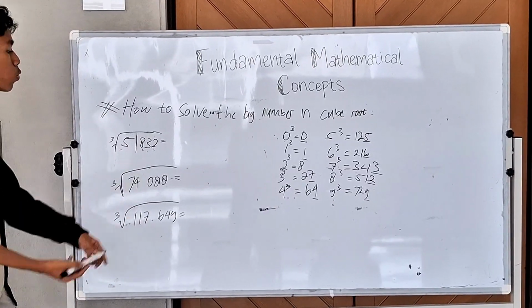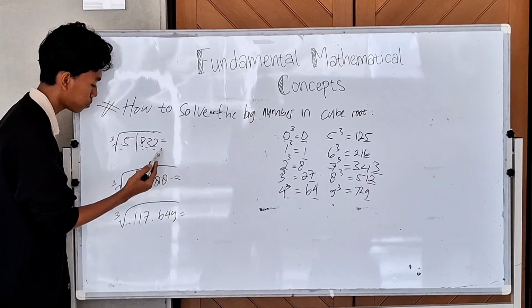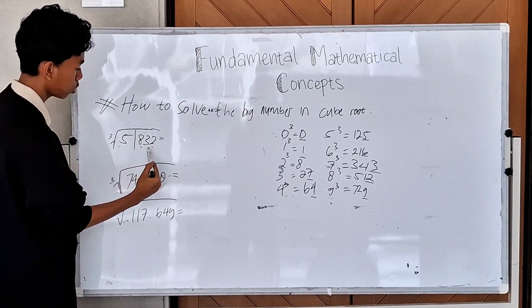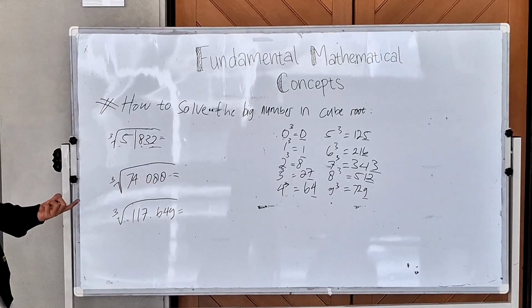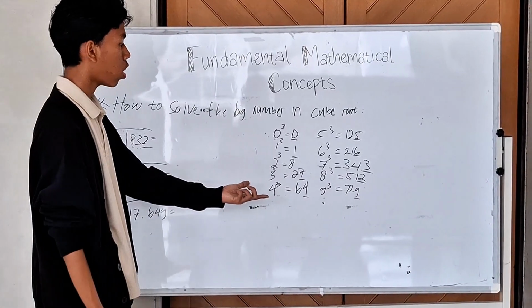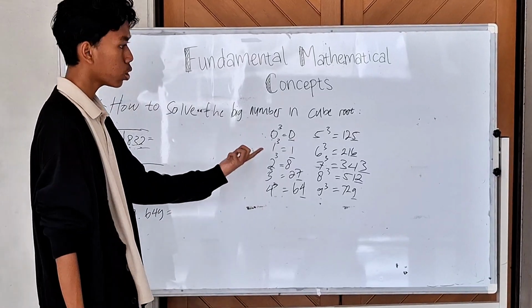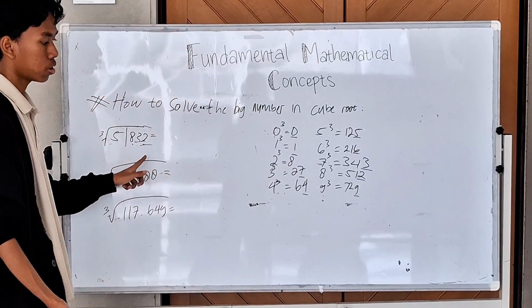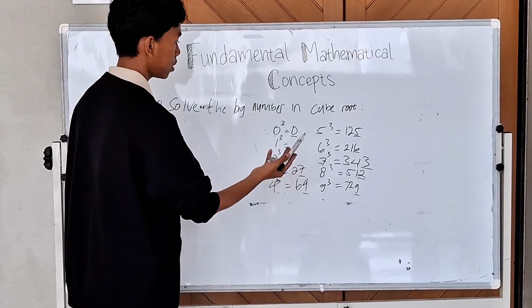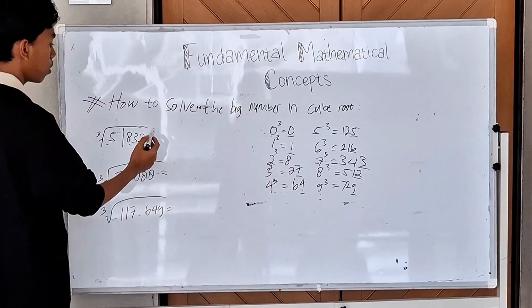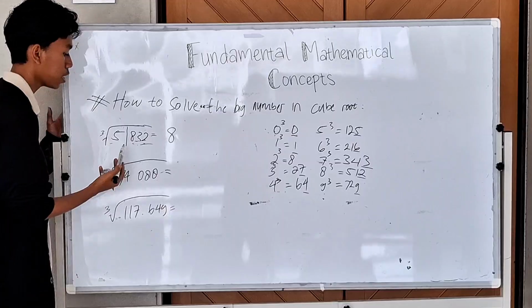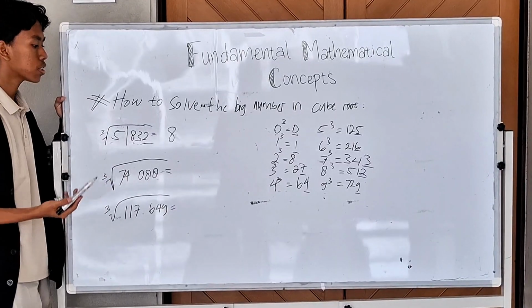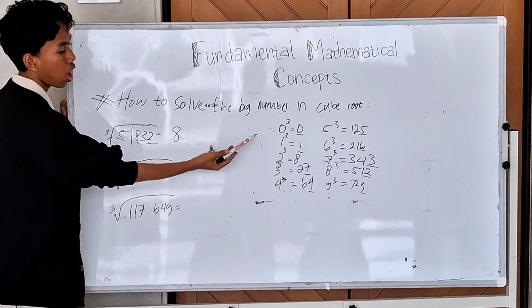Okay, and then we look at the unit of this cube root, which is 2, because we look at the result of cubes from 0 until 9 that have the unit 2, for example 8. Then for the remaining number, we look at the cubes from 0 until 9.